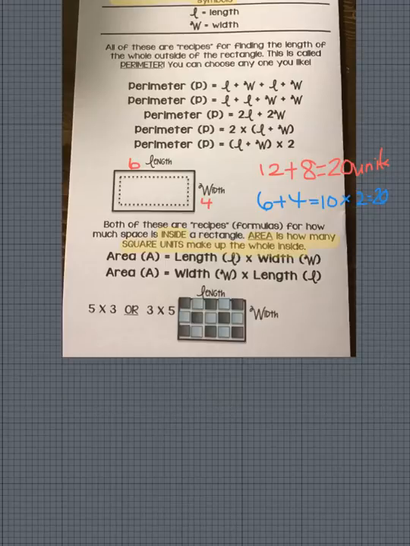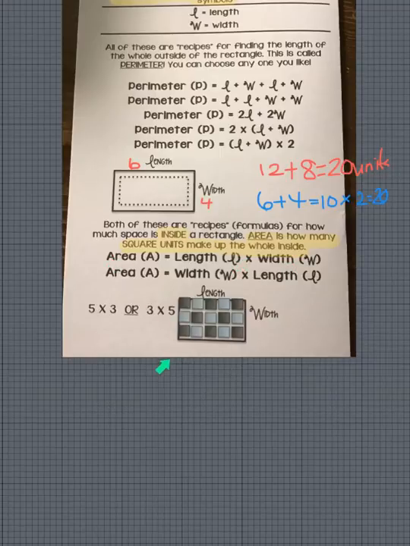This is really important to know: this number has to do with how many actual squares take up the inside of the shape, in this case, the rectangle. We need to know the length times the width. Length times width is going to give us how many squares are on the inside.